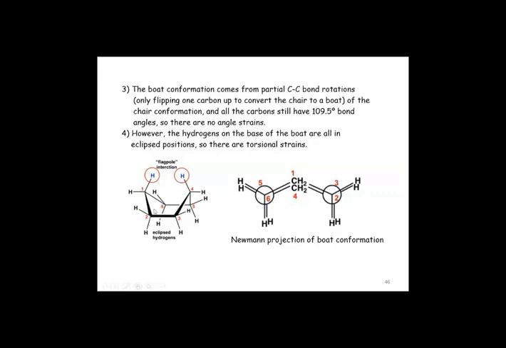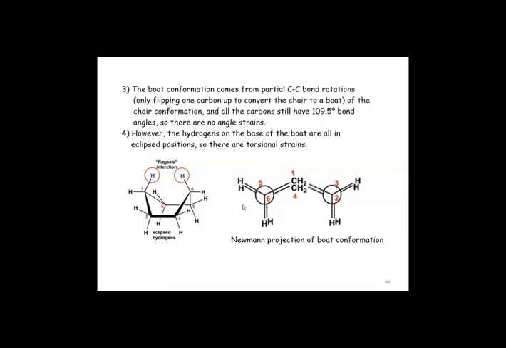Now, if we see all the hydrogens, they lie parallel to each other, and in such a way that they lie just back to back. As a result, we get eclipsed orientation.